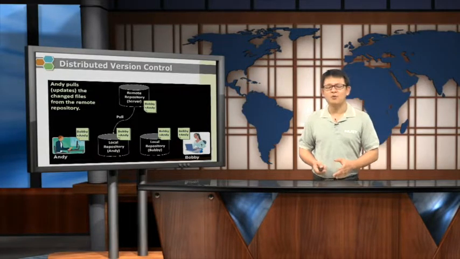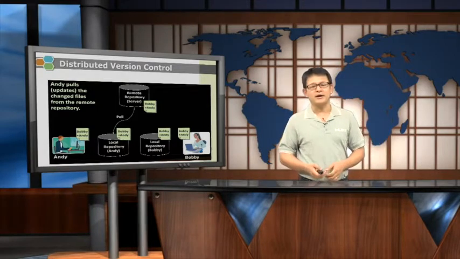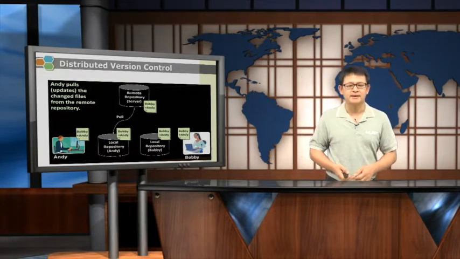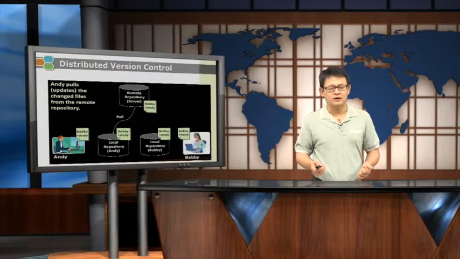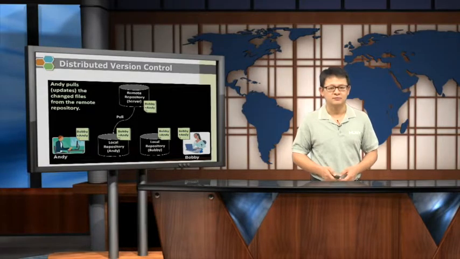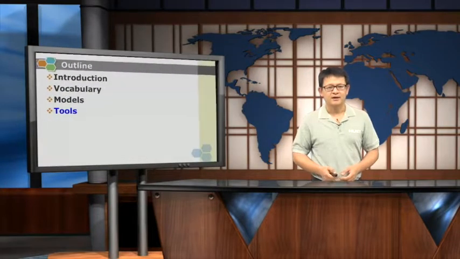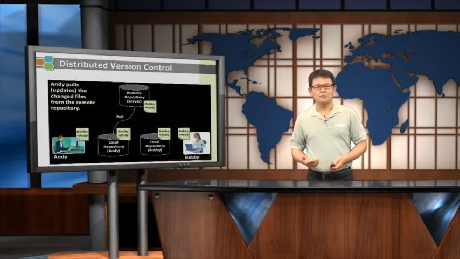So this model can solve many problems. They can work independently at the same time, they don't block each other, and it's not easy to have conflict on the remote repository, which is very important. So now, more or less, I have already talked about the three models.